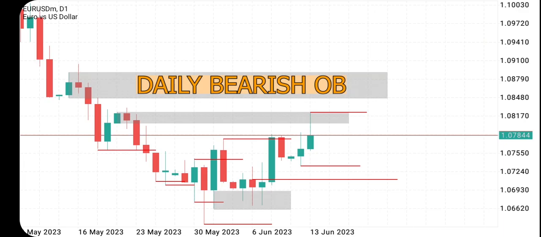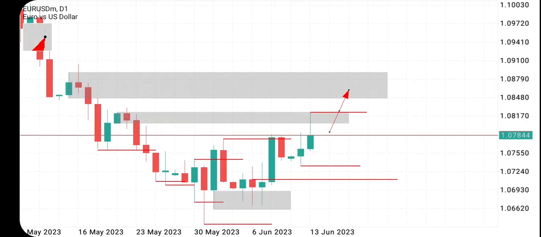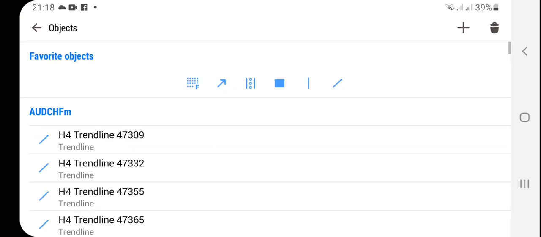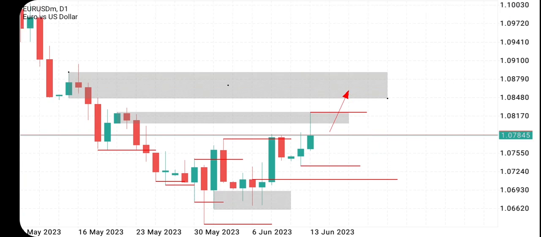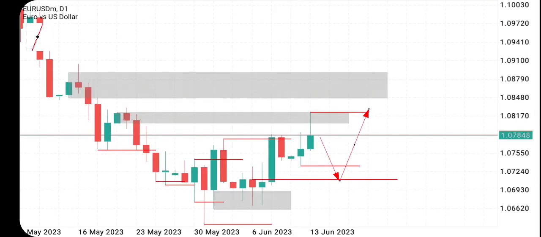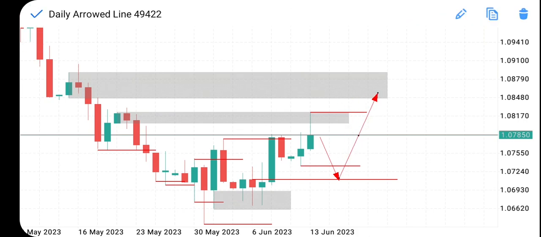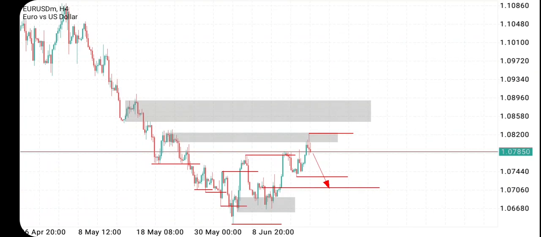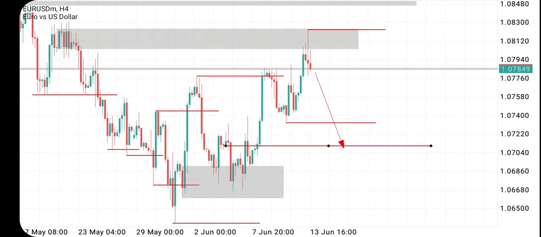So if price decides to shoot up, it will be met with a daily bearish order block, and then it will shoot down from there, or if price decides to reach for the sell side liquidity, it will reach the bullish daily order block and then it will shoot up. So anywhere price goes, we know what it's going to hinder or what it's going to react off of.